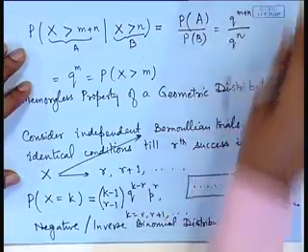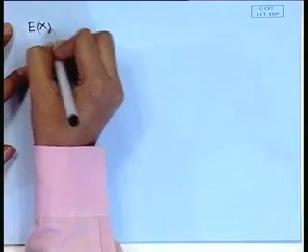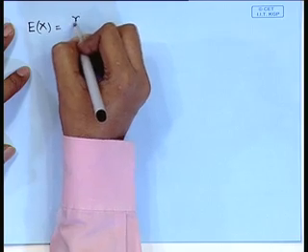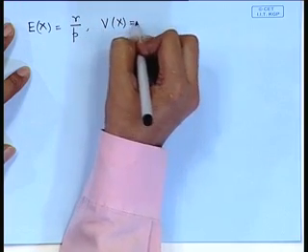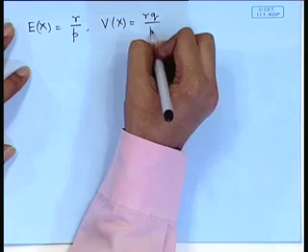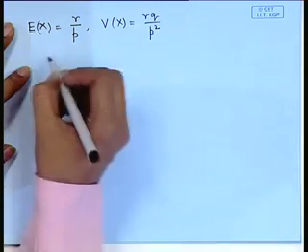So, if we make use of that formula, we will get expectation of x equal to r by p. If we look at say variance of x, we will get r q by p square.